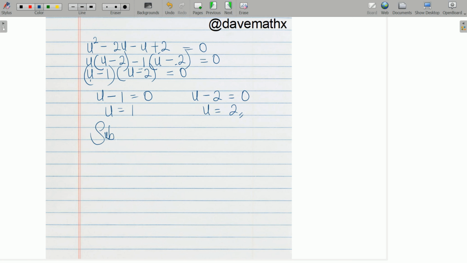Next I will substitute the value of u back from log x base 2. U becomes log x base 2. Then x is equal to 2 raised to power 1.